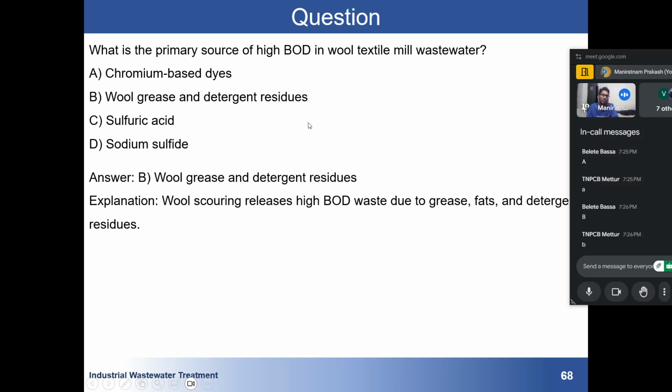So it will contain a high amount of BOD. Wool scouring releases high BOD due to grease, fats, detergent residue. This detergent residue might not contribute much to high BOD, but the grease will. Detergent also has two parts, one is the cation part and the anion part. How the anion part behaves is an entirely different thing.